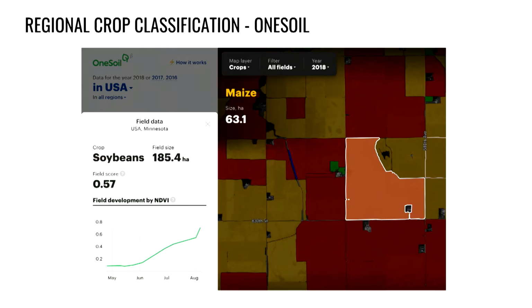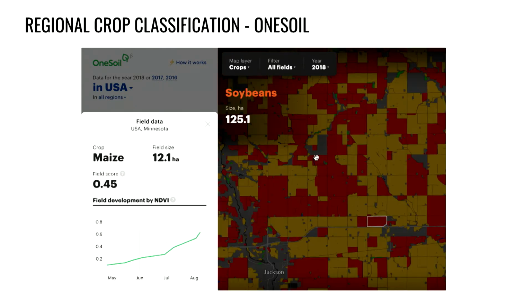So from the field level back to the regional and national level, to assess how much, for example, potatoes were produced in the US last year, they looked very deep at the field level. On the left-hand side, there is a chart called NDVI, and this is basically how they analyzed what was growing there.